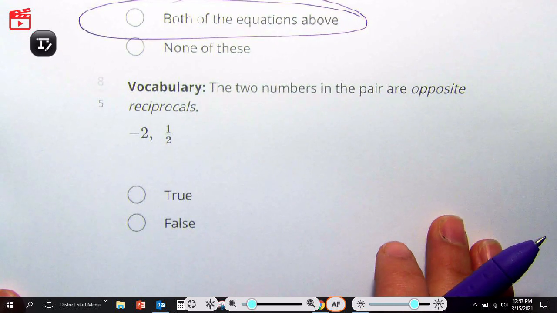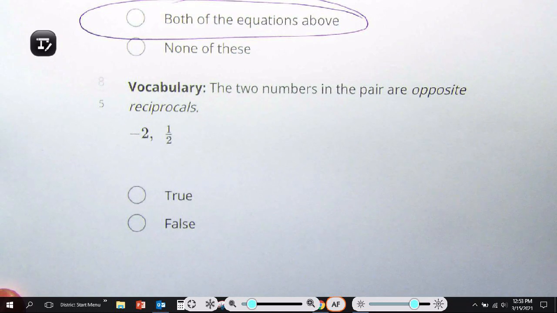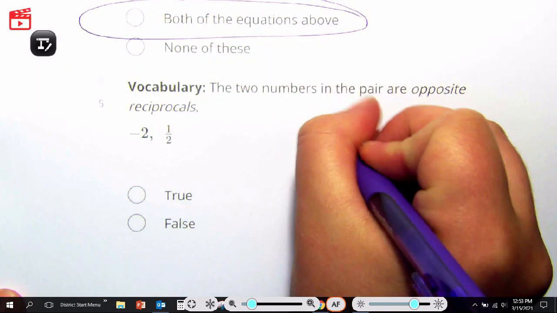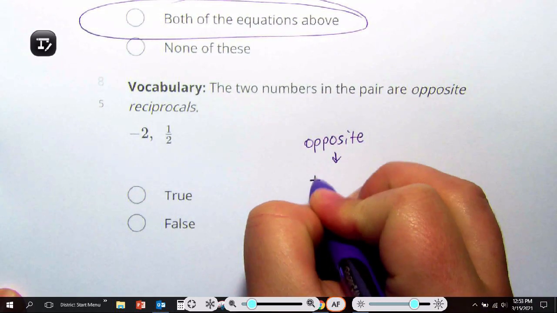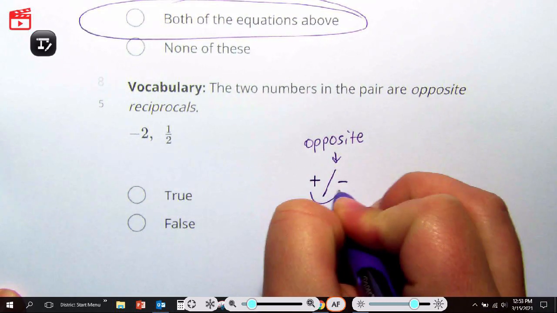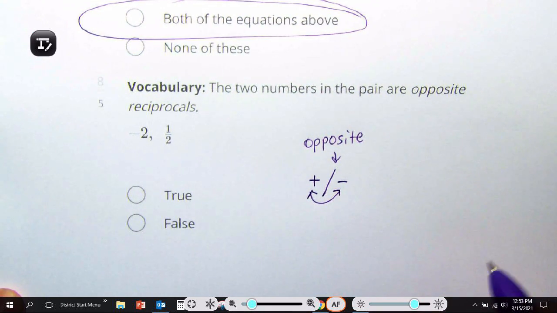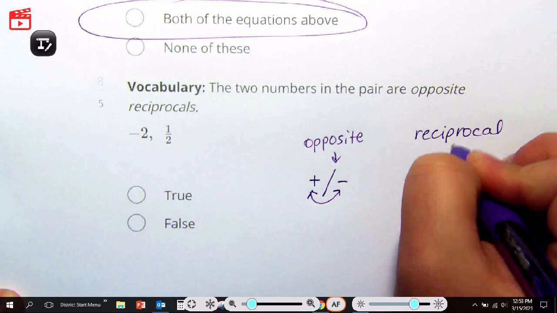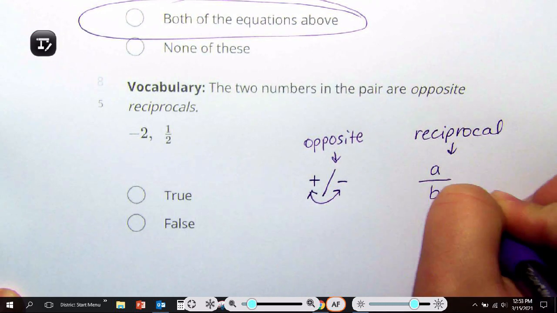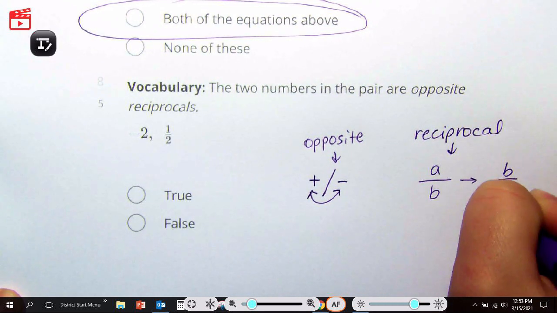Moving on to question number 8, the two numbers in the pair are opposite reciprocal. So are they opposite? Are they reciprocal? So opposite again means that you have to change the symbol. So if it's a plus, it goes into a minus. If it's a minus, it goes into a plus. Reciprocal means you flip the fraction. If you have a over b, to flip the fraction, you put b over a.